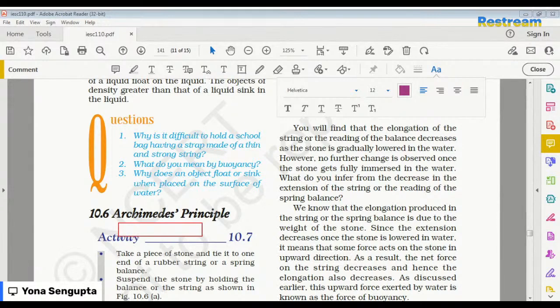So the pressure exerted on the body by thin straps will be more, and hence it will be more painful. And also, pressure is inversely proportional to area. If the area is reduced, pressure increases. So pressure is directly proportional to 1 by area. Okay, so the answer is here.